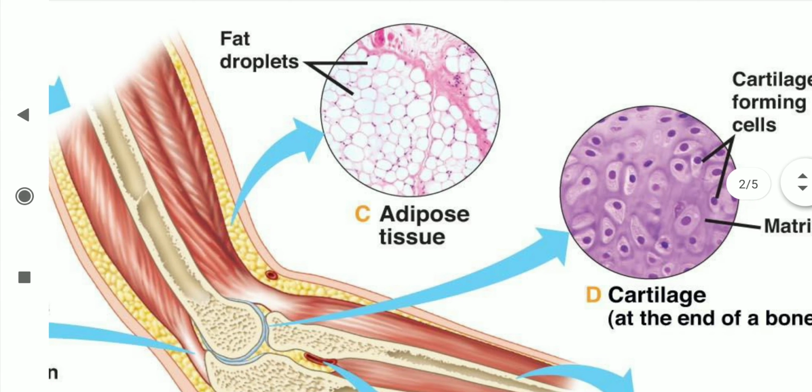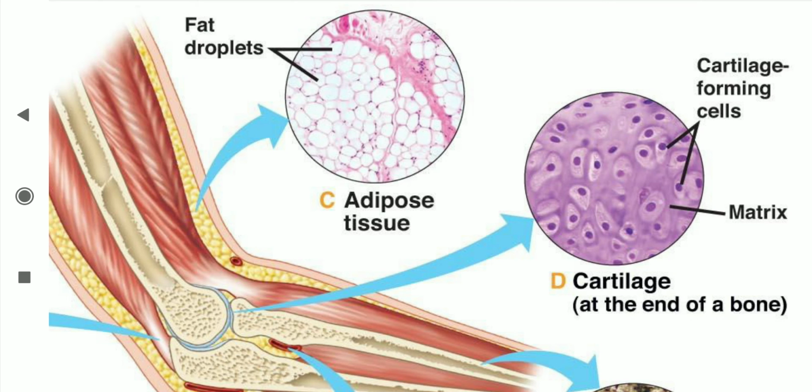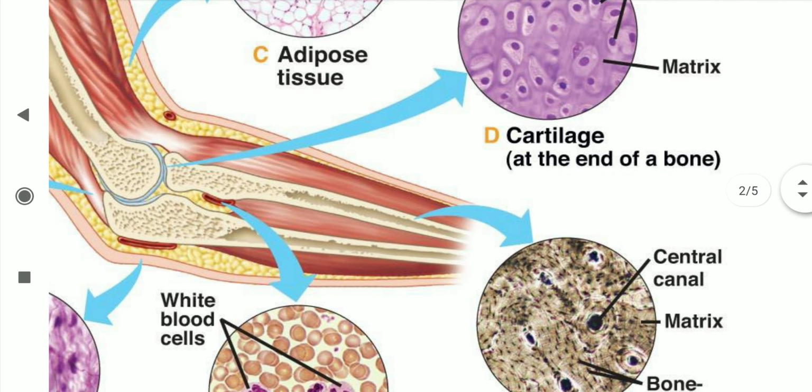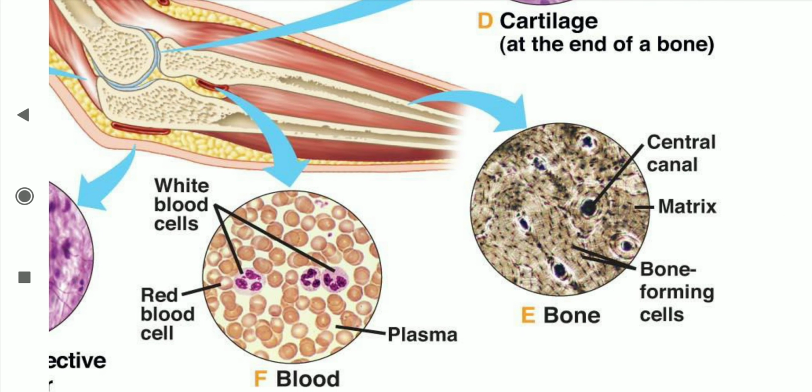Now this is cartilage. Around the long bone, the blue color is the cartilage, and this is its structure. Now next is bone. You have just now read about the matrix and the osteoblast cells.